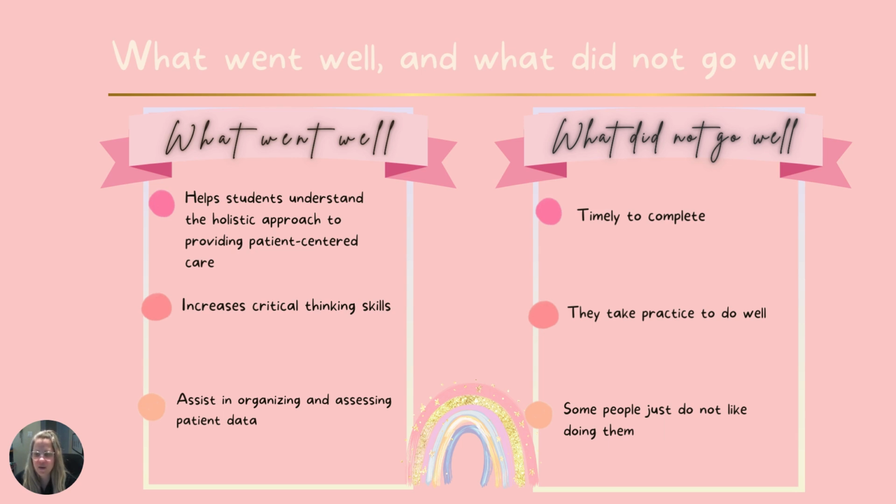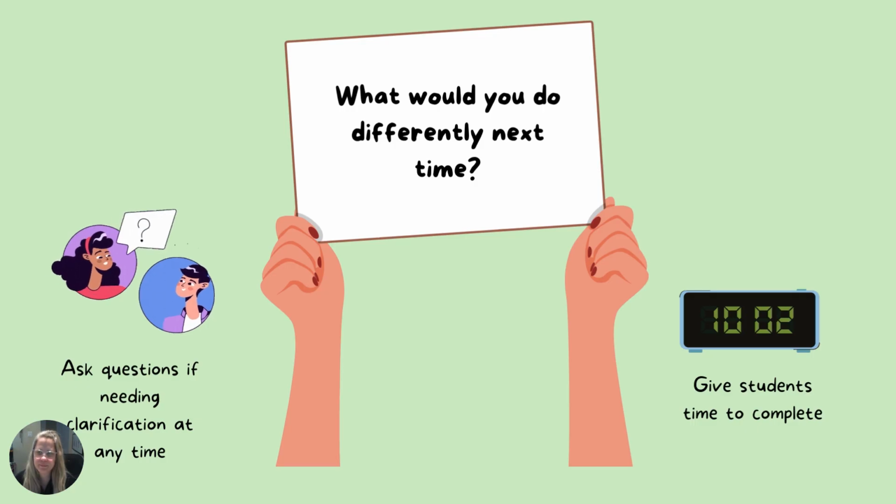Sometimes what doesn't go as well when they're trying to complete them is that it is timely, and they take some practice to do them well, and some people just don't care for them. They just don't like doing them. So a few things I could do differently the next time I use concept mapping is to ask if anyone needs any clarification with making those important connections.